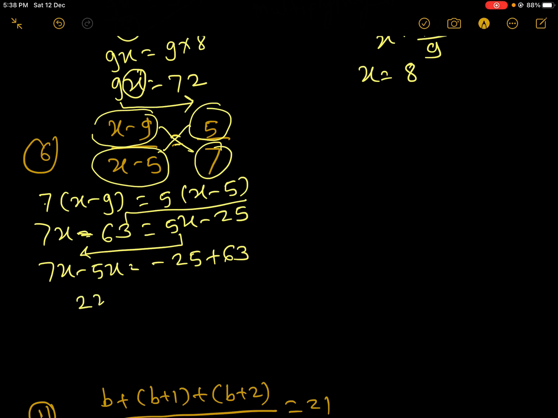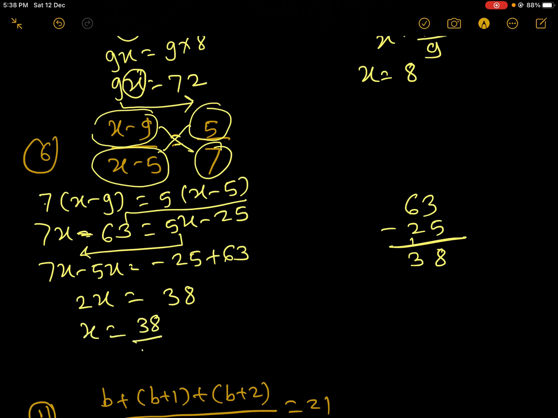That means 7x minus 5x gives 2x, and 63 minus 25 gives 38. Then x equal to 38 upon 2, then we get 19. That means x equal to 19.